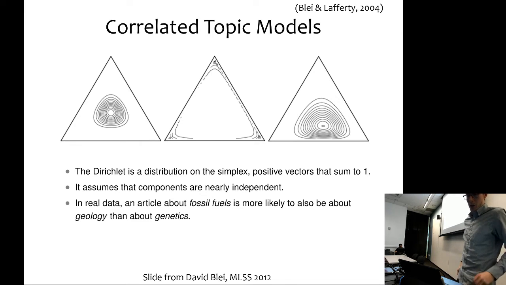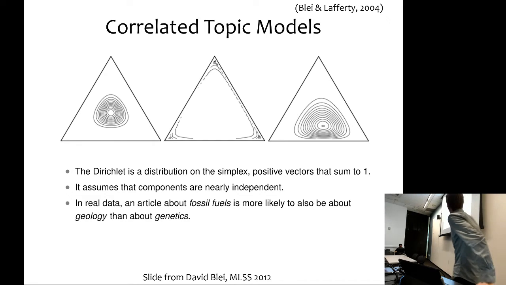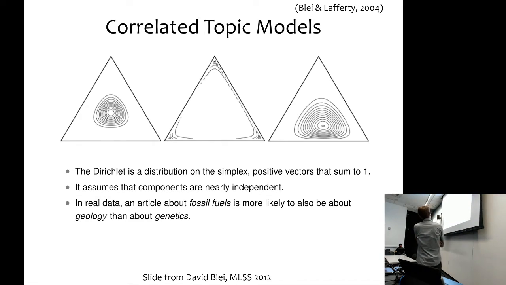Okay, so the correlated topic model is about rejecting the Dirichlet prior, and the Dirichlet is a great distribution. It gives you a distribution on the simplex, which is the space of vectors that sum to 1, right? Or probability vectors, so vectors that sum to 1, whose entries are non-negative.